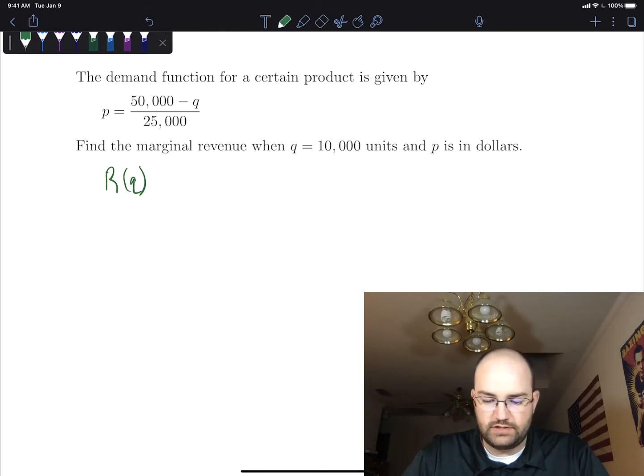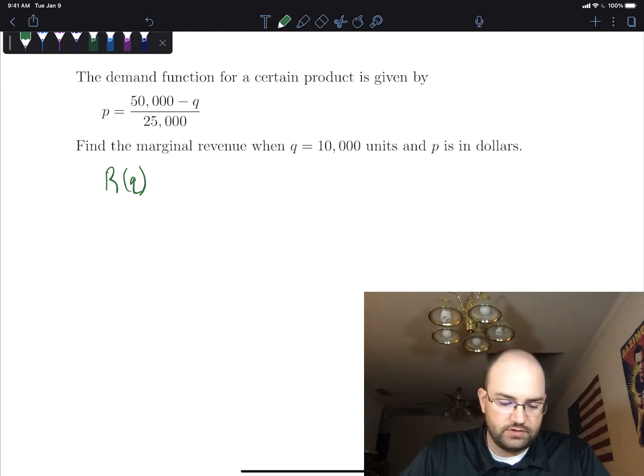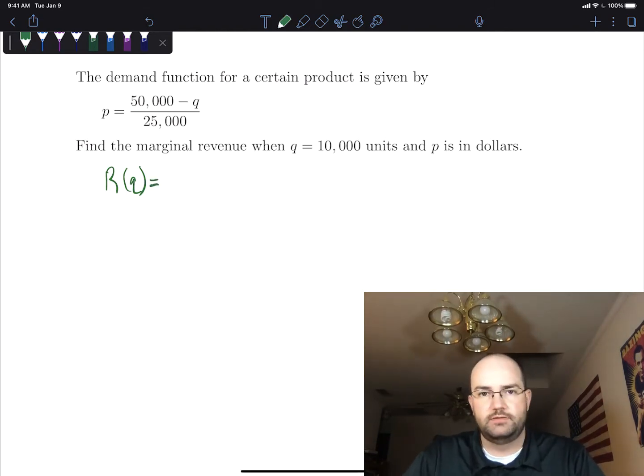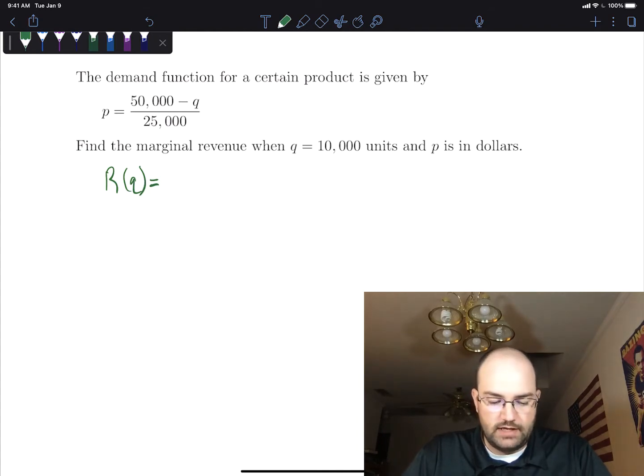So to do so, let's realize, how does a company make money? A company makes money by selling some sort of product or service. Here's a question for you.